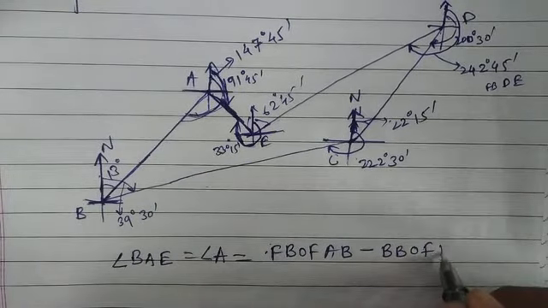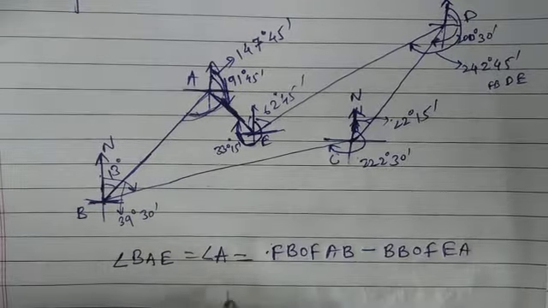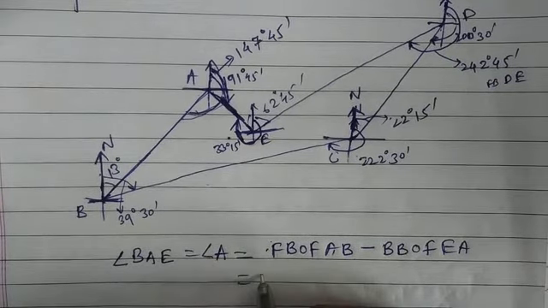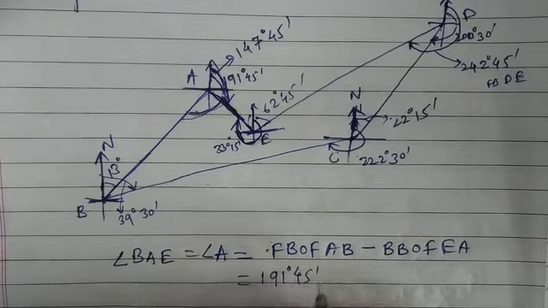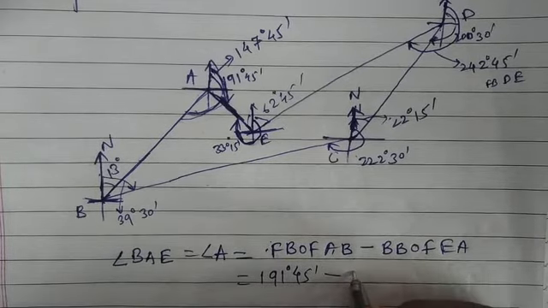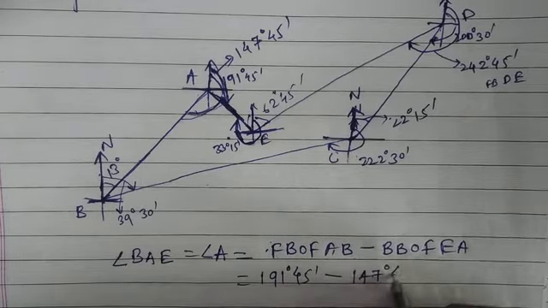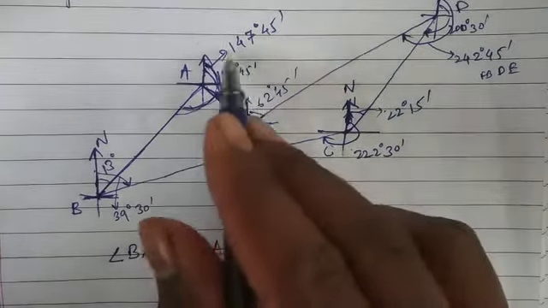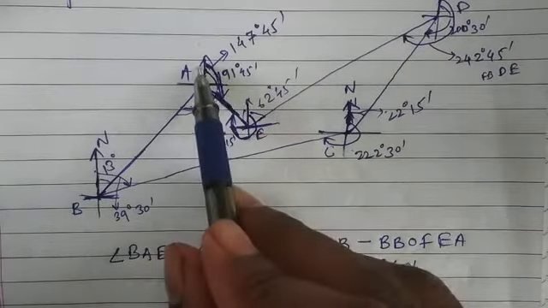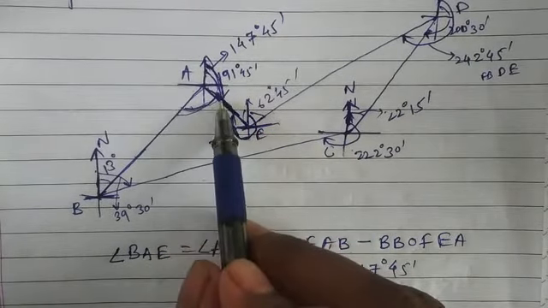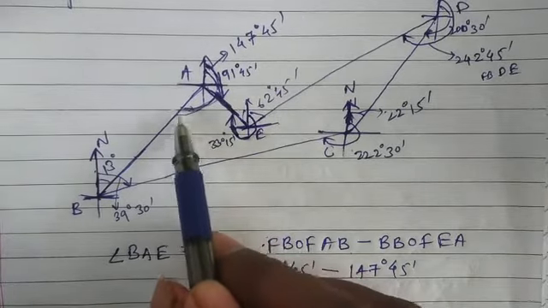The fore bearing of AB is 191 degree 45 minutes, and the back bearing of EA is 147 degree 45 minutes. If you deduct this smaller angle from this, you will get this angle.